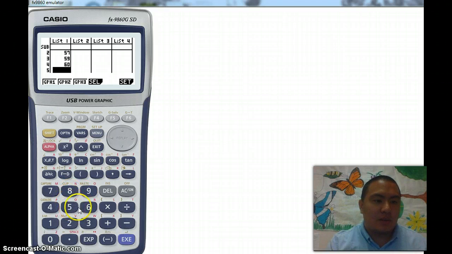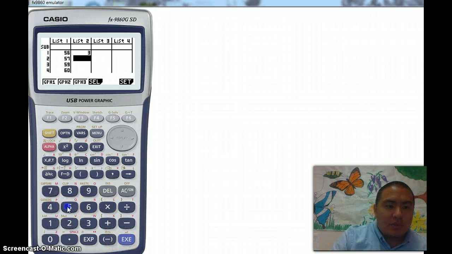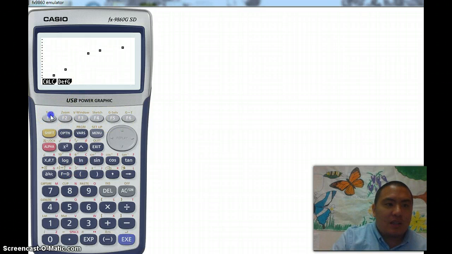I got a guy who's 62 inches. For the points they scored, I'm gonna say the shorter person scores something like 3 points, the next person scores something like 5, 11, 12, and 13. Okay, I'm gonna go ahead and graph it, and you can see it's kind of linear.